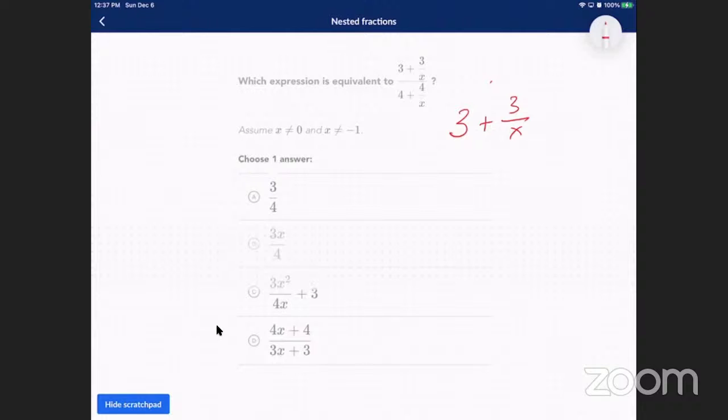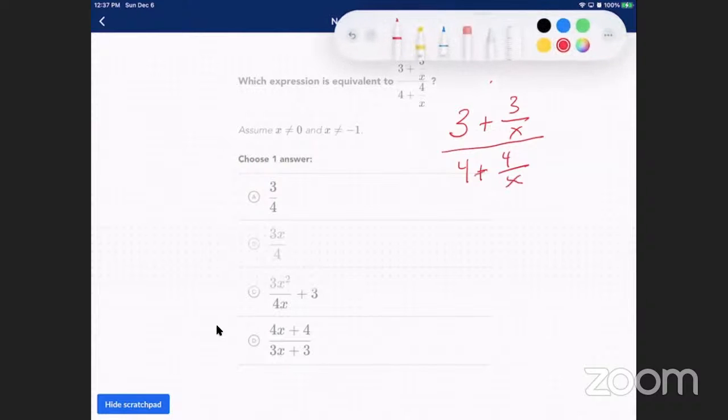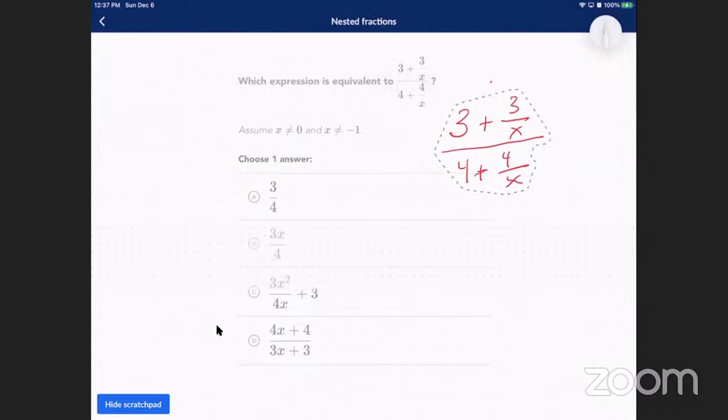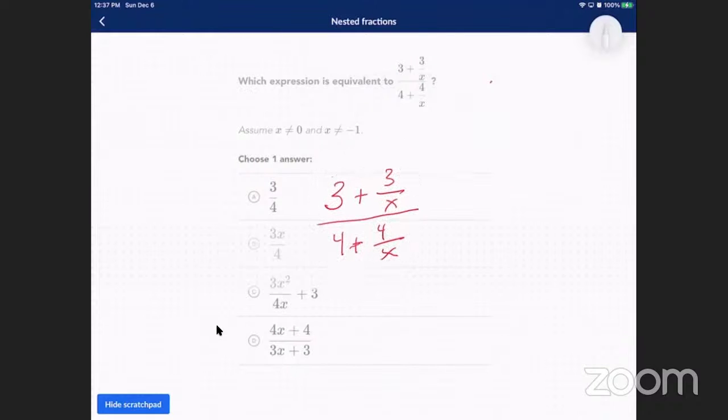So what we do is I will grab this, move this down here, and then we'll say equals, which would be 3x plus 3 over 4x plus 4. And this would also become 3 plus 3 over x, and then you have 4 plus 4 over x.